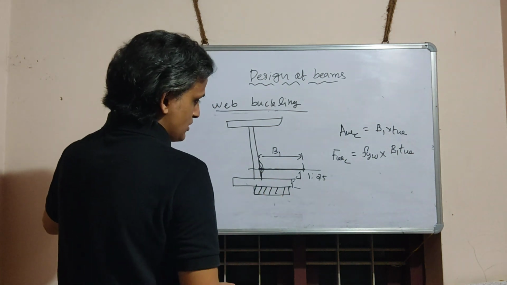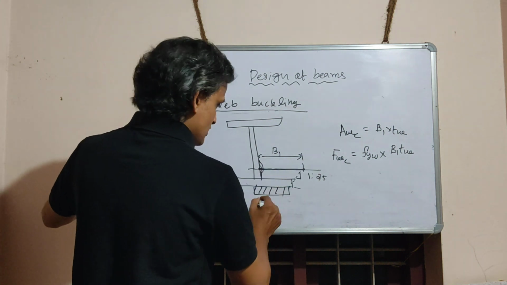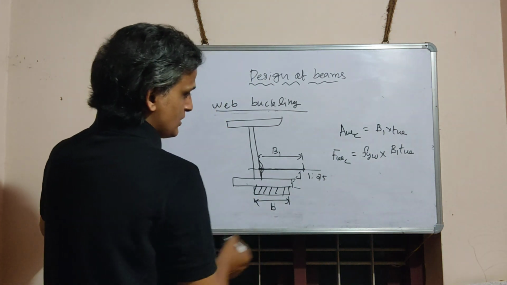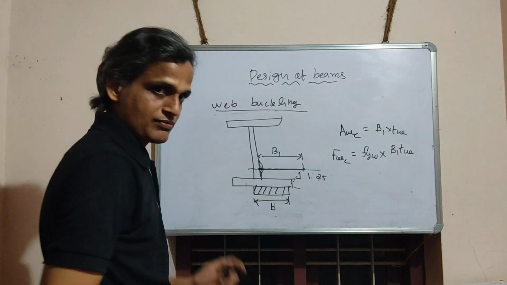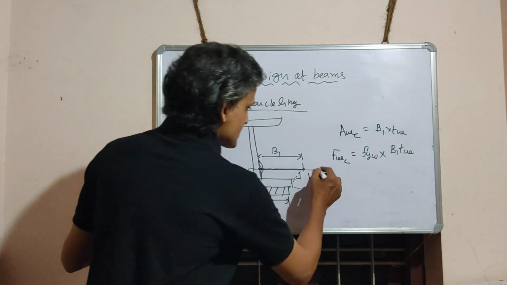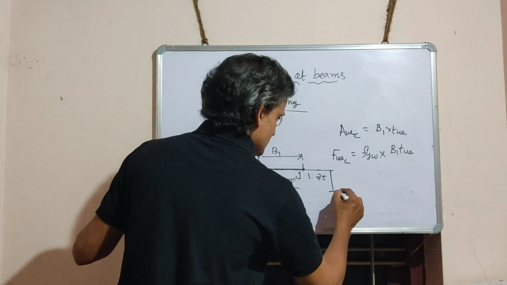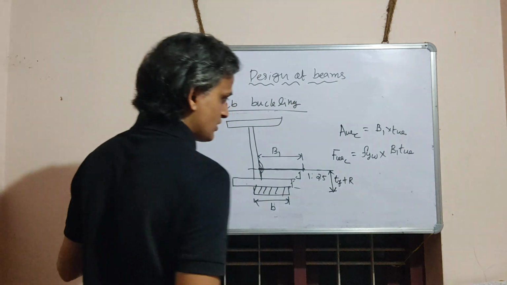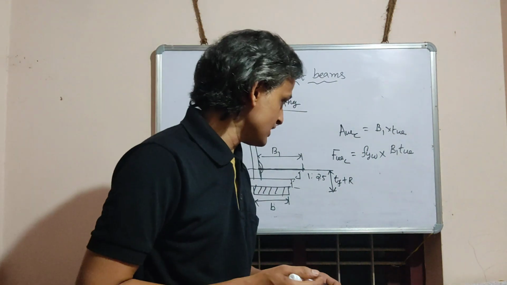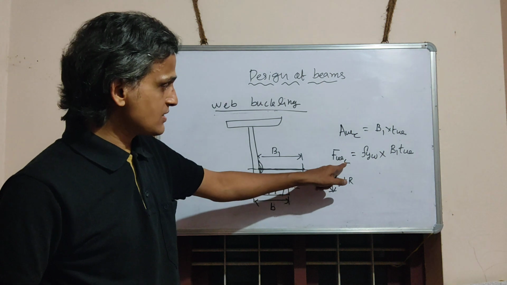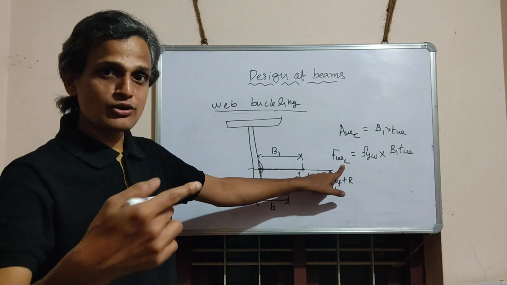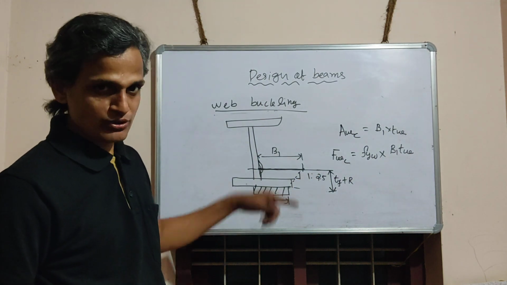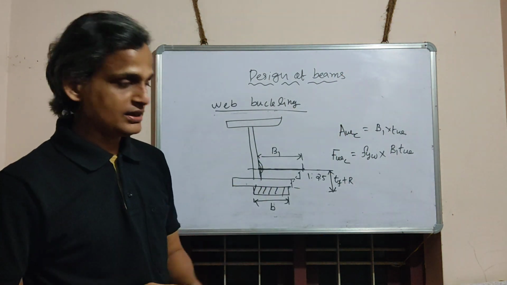B1 is this width and the bearing plate width is, let it be B. This dispersion is 1:2.5. Now, what is this depth? This depth is TF plus R, where R is the root radius and TF is the thickness of flange. If this crippling load carrying capacity FWC is greater than the support reaction or concentrated load, then that beam is safe.